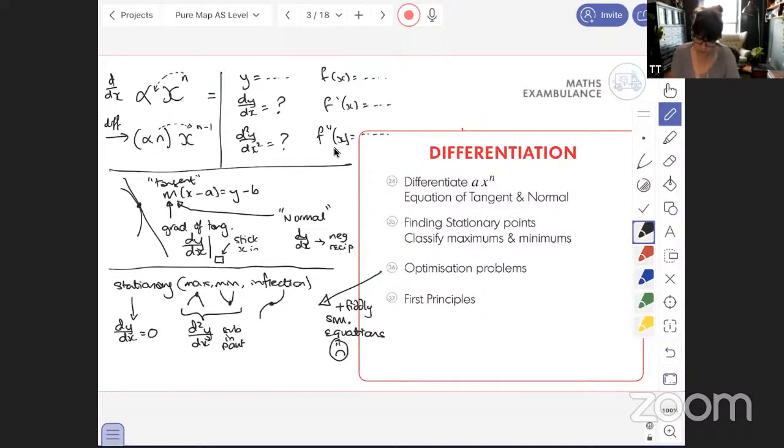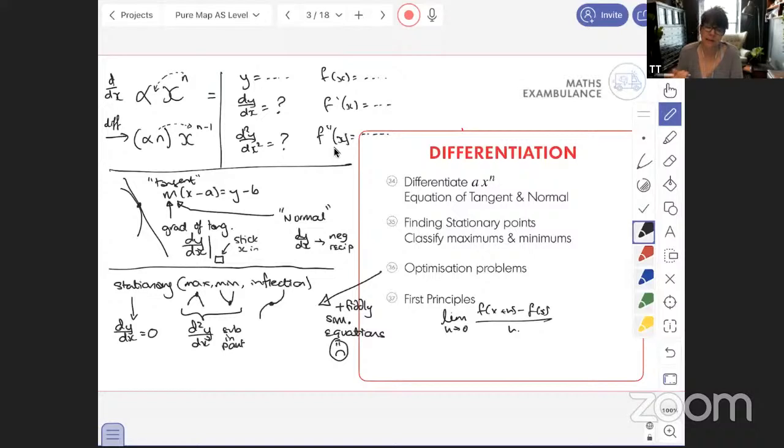First principles proof. That is where you use the actual definition of a derivative. The limit as h tends to 0 of f of x plus h minus f of x all over h. Now, if you don't recognize that formula, that means that you've got a gap in your knowledge. If you do recognize it, then you know what I'm talking about. It's always the same formula.